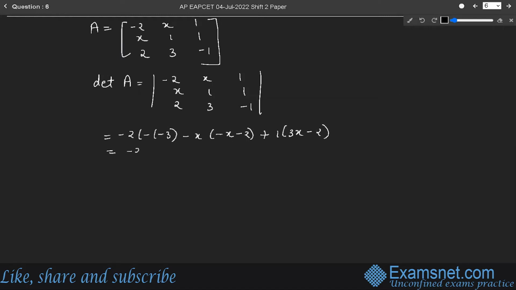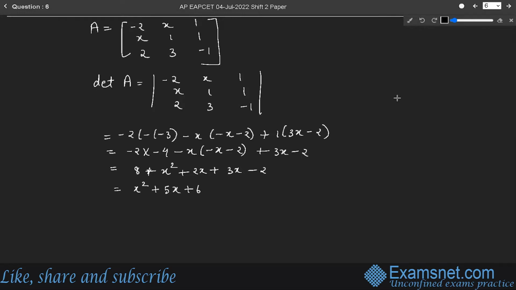It equals minus 2 into minus 4, minus x into minus x minus 2, plus 3x minus 2. On further solving, it will be 8 plus x square plus 2x plus 3x minus 2, which equals x square plus 5x plus 6.